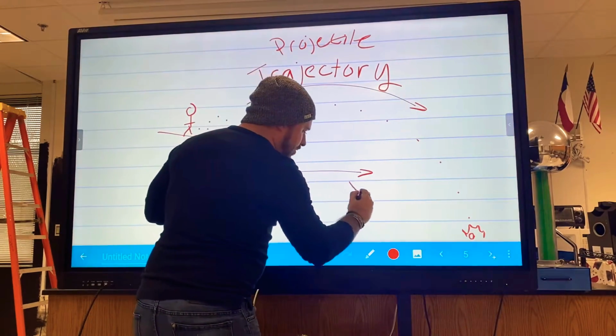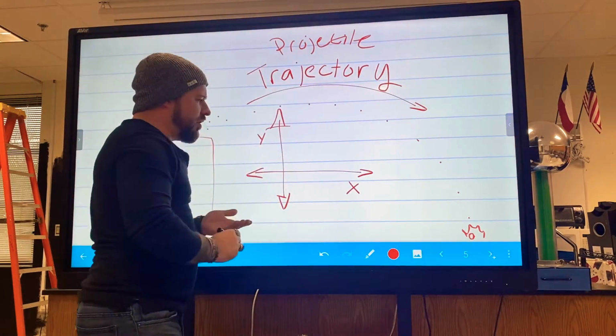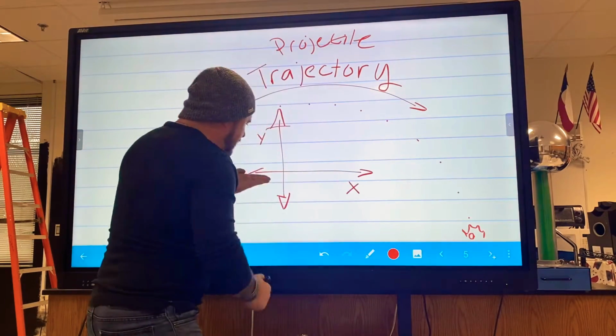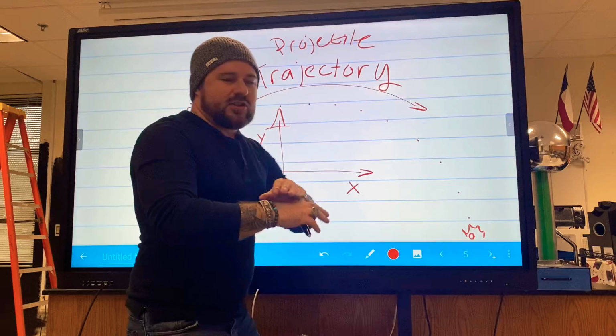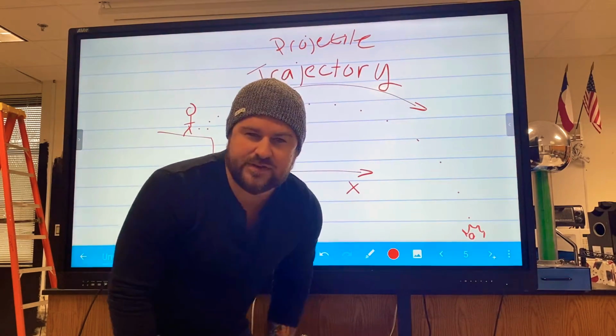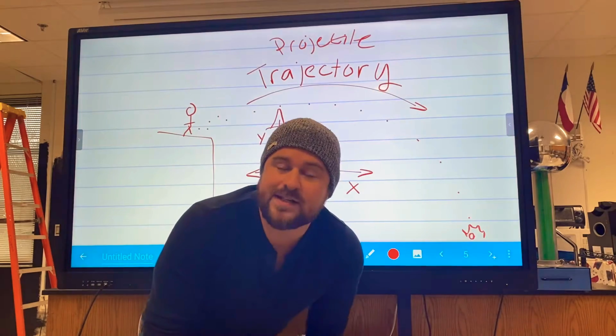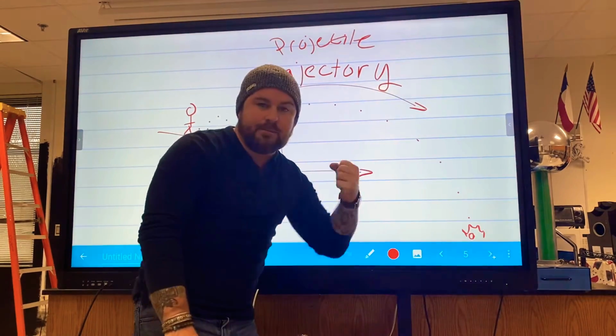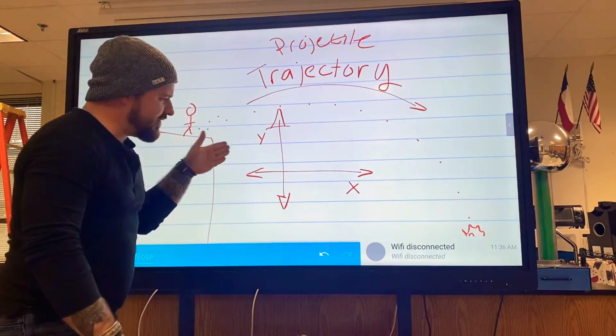The left and right we'll call X, and the up and down, of course, we'll call Y because, you know, math. But this right here and this right here are super different, right? And it's confusing because you want to think that they're the same, but they exist independently from one another. And that is what this lesson is all about, right? So let's talk about that.